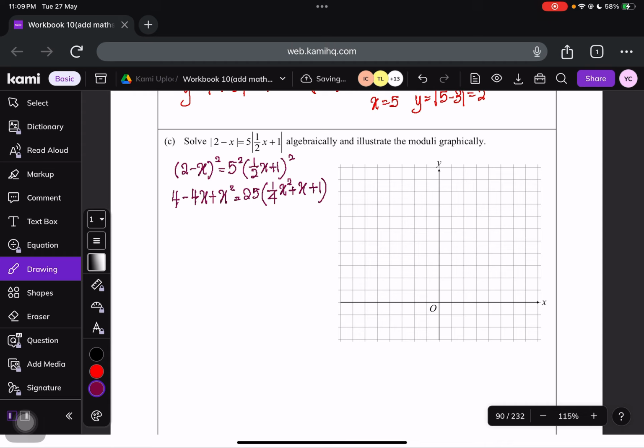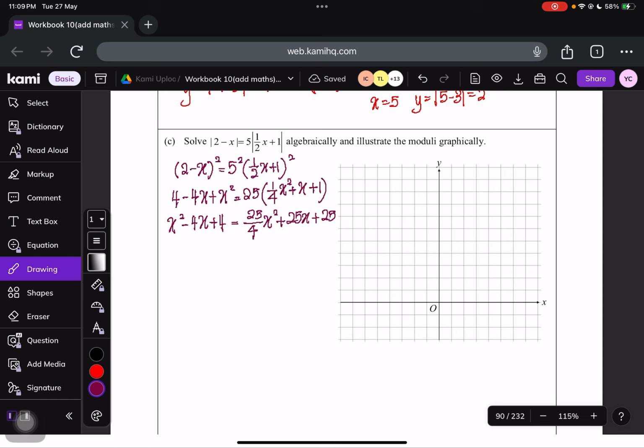And then what's the next step? We expand. I arrange it properly so you can easily see. So x squared minus 4x plus 4 is equivalent to 25 over 4x squared plus 25x plus 25.